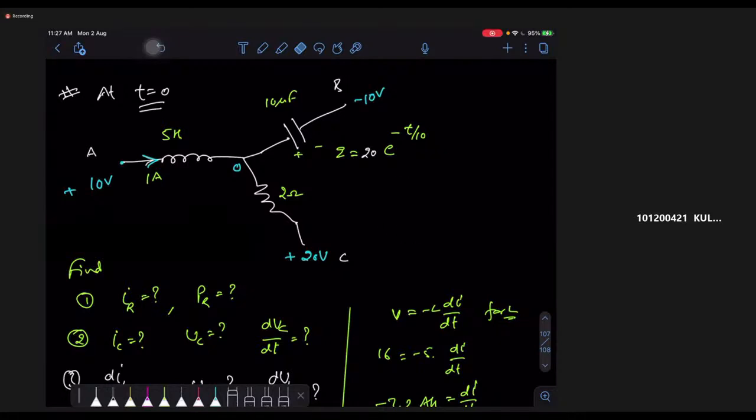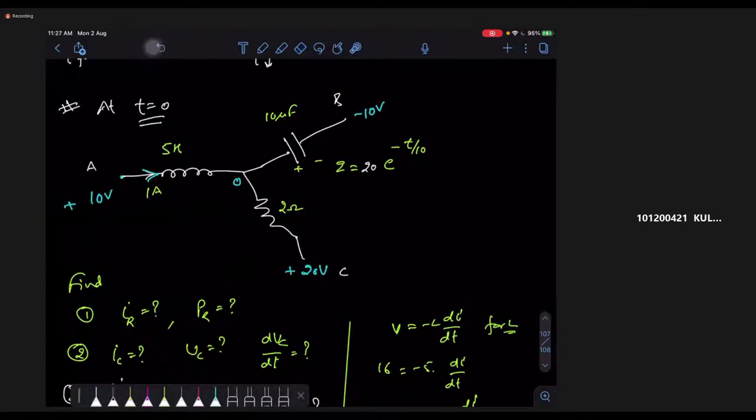These are the parameters given to you at time equal to 0. Pay attention. At time equal to 0, A has 10 volt, B has minus 10 volt, and C has 20 volt. And the B potential is extra, not required. Okay, so B you can leave it.